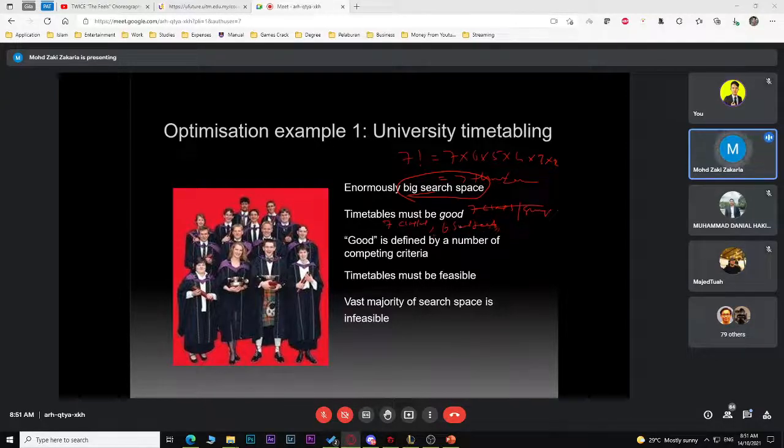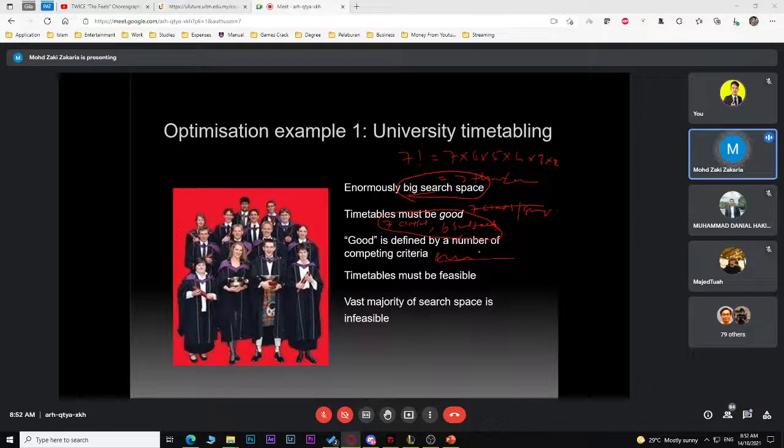So based on this, what we call this variable, how many different timetables that we can produce? Actually hundreds of different timetables that we can produce. That's why we call it an enormously big search space.